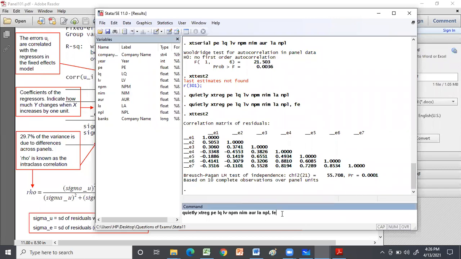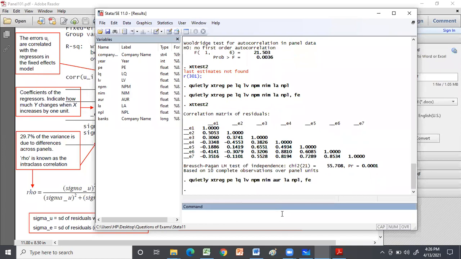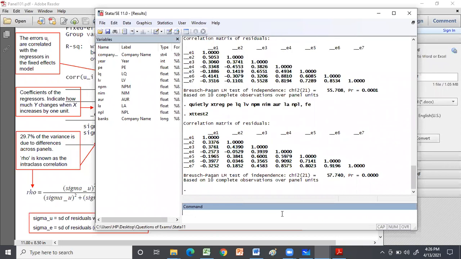Once you have quietly estimated the regression model using the fixed effect method, in hidden form, you can proceed to the other diagnosis test, say XT test 2. XT test 2 is done for the cross-sectional dependence test.